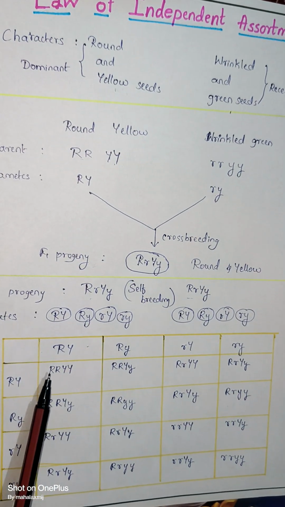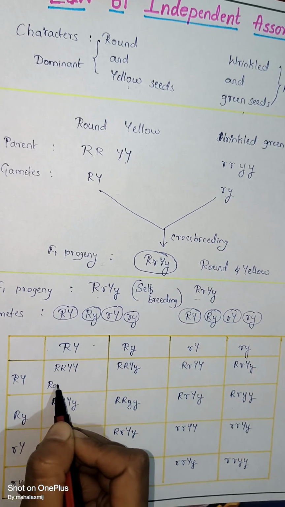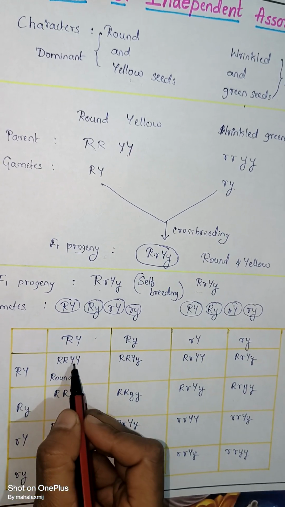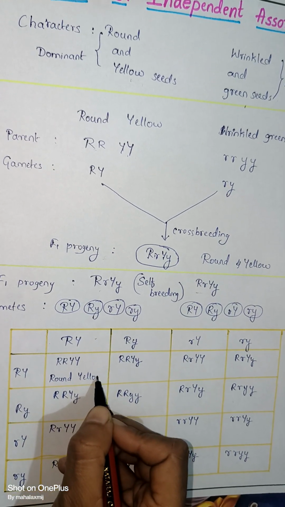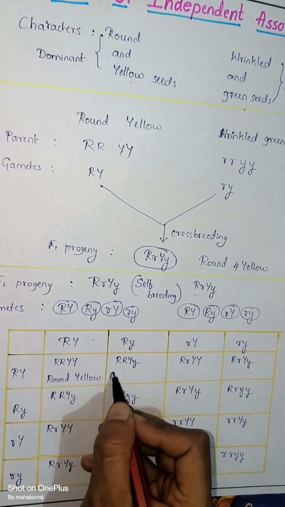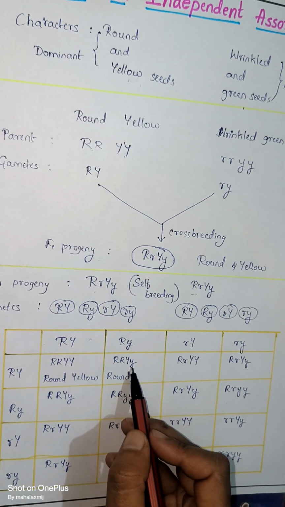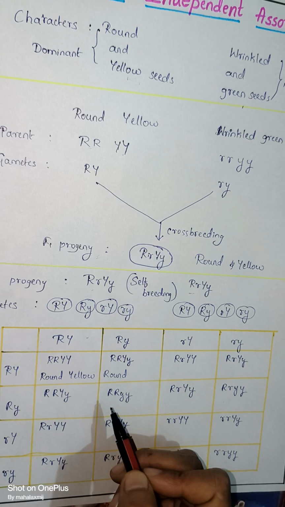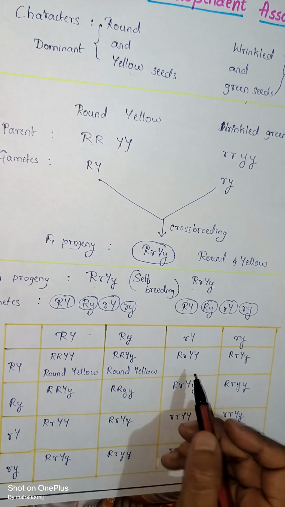Capital R, both are capital, so it resembles round. Capital Y, so it resembles yellow. Both are capital, again round. One of them is capital, one of them is small, but here the dominant character is capital Y, so we make it yellow.